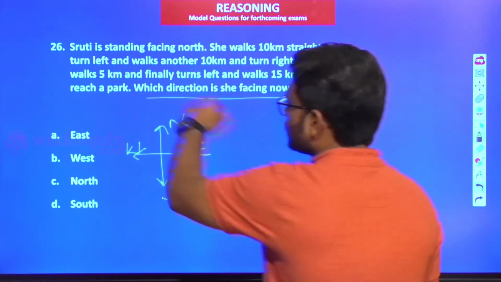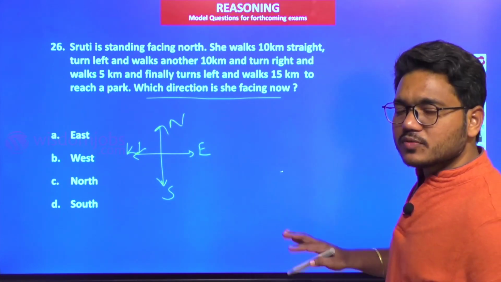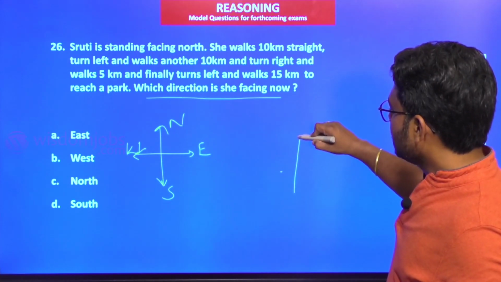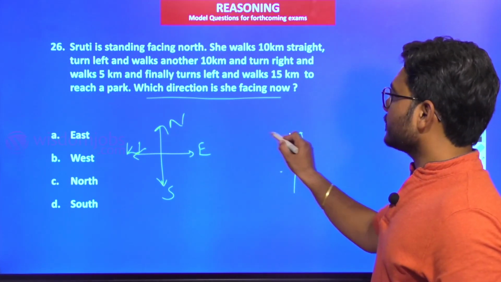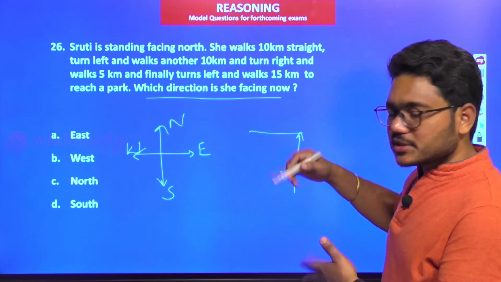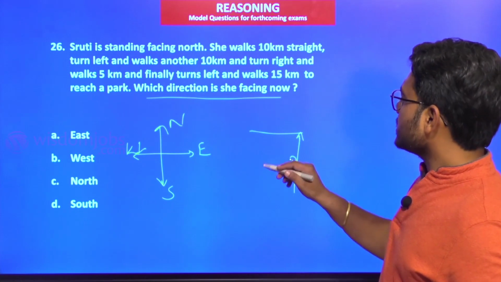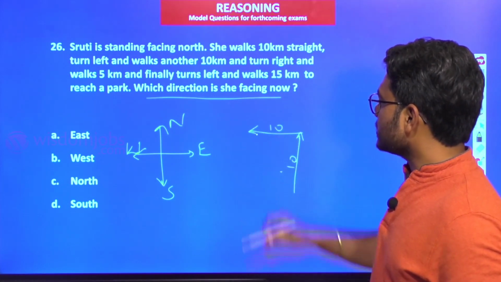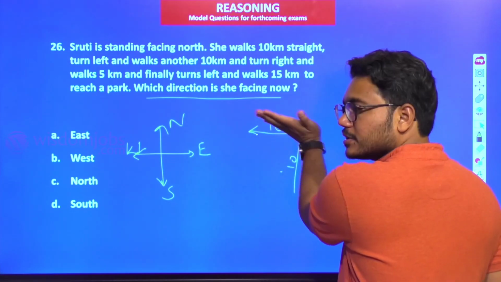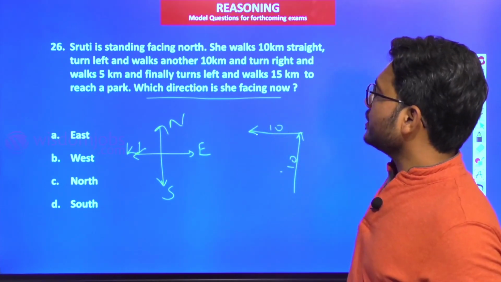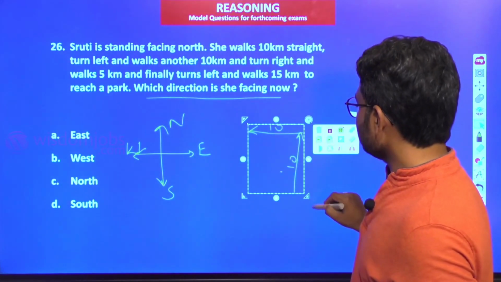Let us see if it solves our problem here. So what is given here? Shruti is standing facing north. Facing north, she walks straight 10 kilometers. Then turns left. Let us solve initially with numbers. She turns left and walks another 10 kilometers. Then she turns right and walks 5 kilometers.